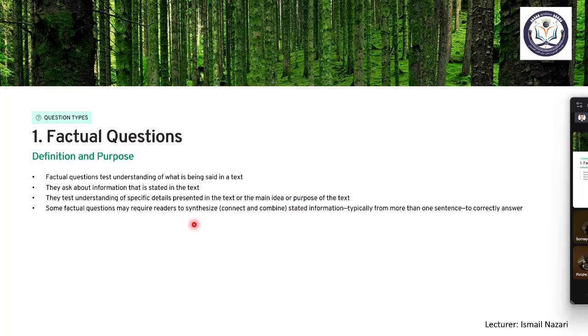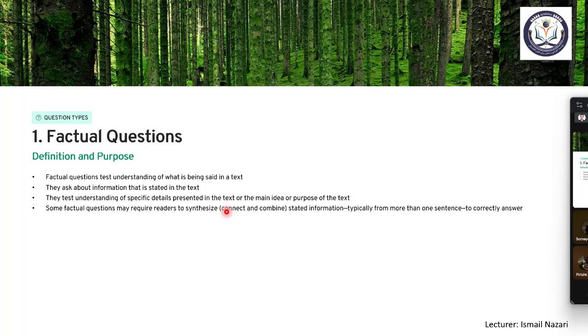When we have a factual question, it can be designed differently. Sometimes we may find the information directly stated, as a direct statement of the fact inside the passage. Other times, some factual questions may want the test taker to synthesize different parts of the information stated inside the passage, and then choose the correct answer.